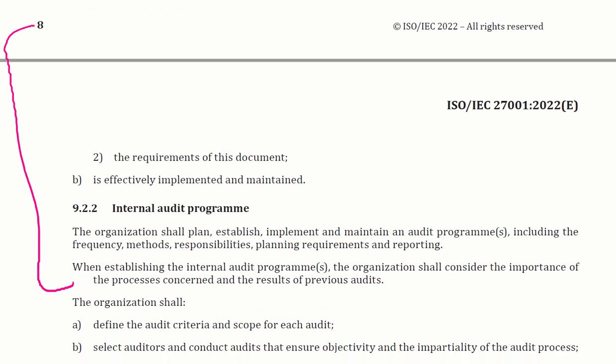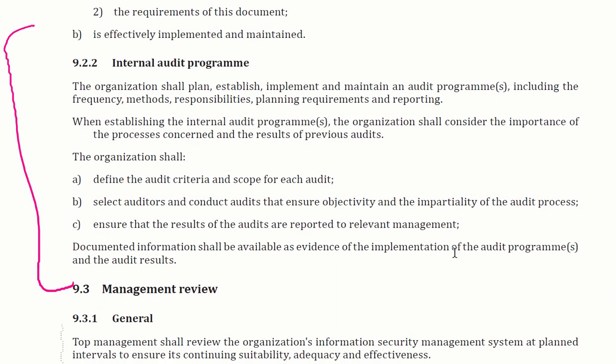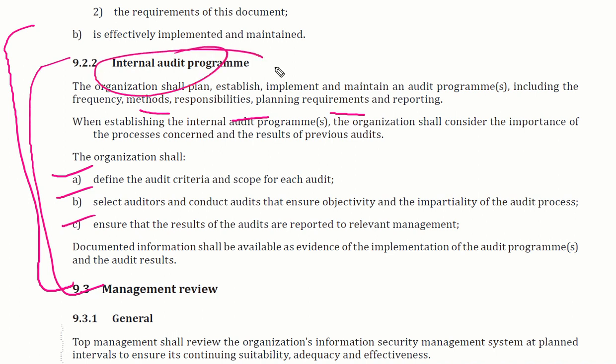In the internal audit program, the organization shall plan, establish and maintain an audit program, including the frequency, responsibility and all those things. Audit criteria, scope, selection of auditors, and the audit results and all that. So they have segregated 9.2 into two parts, 9.2.1 and 9.2.2, general and internal audit program. This has been added.